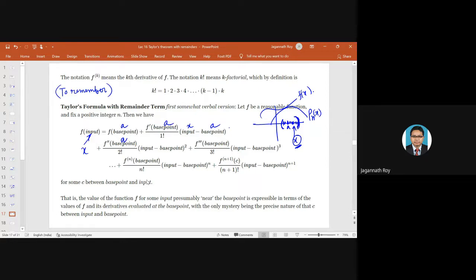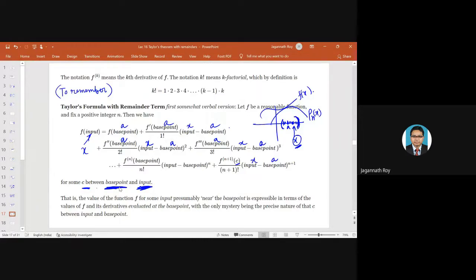So that is why f double dash a, the input is x, base point is a. Similarly, base point is a, input is x, then a, and so on. And this c will be some point between x and a. C is in between the base point and the input.